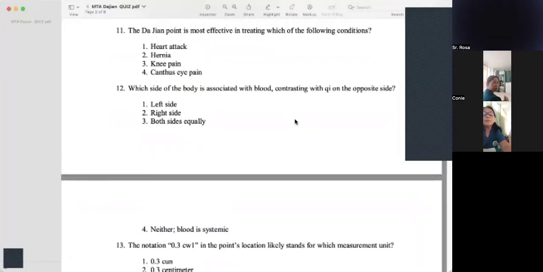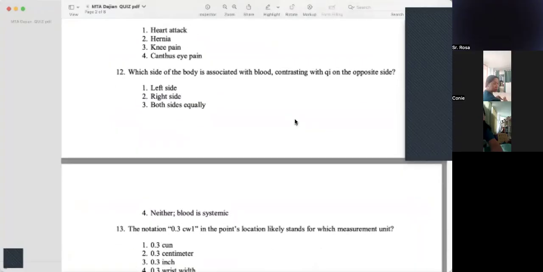Remember, when you have yin deficiency, it generates heat. So the heat spills over to the SI, which causes pain. When you have hernia, it's intestinal. Okay, use the 11.01.